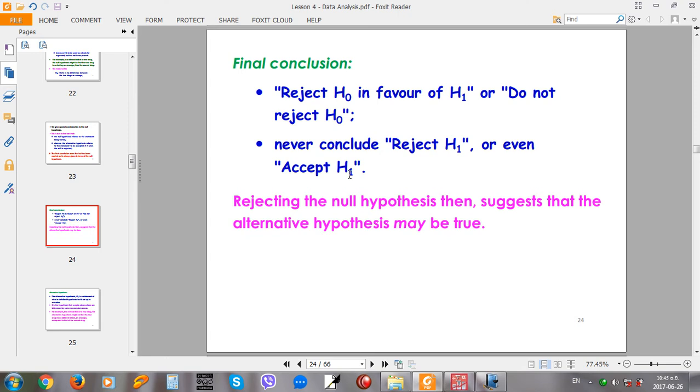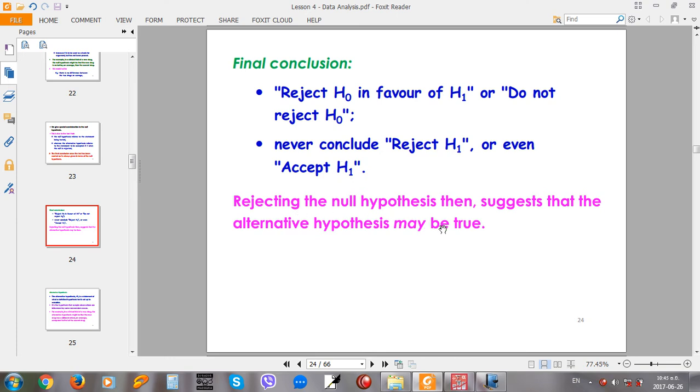We are testing the null hypothesis. If it is rejected, we write that we reject the null hypothesis in favor of the alternative hypothesis, right? Without rejecting the null hypothesis, we can't directly write that we are accepting the alternative hypothesis. That is the wrong way of writing the conclusions, right?